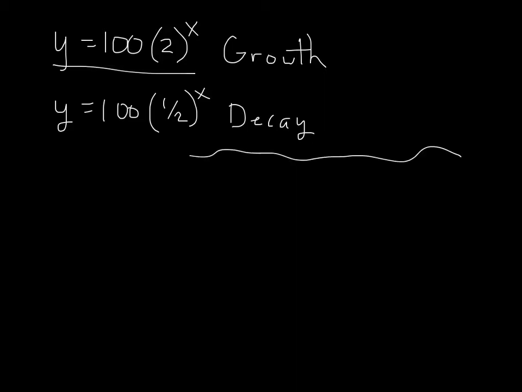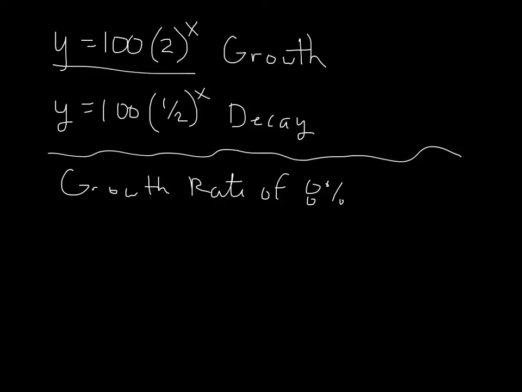So what if I had a function that has a growth rate, or a multiplier, of 8%? So something that grows at 8%, and we'll say it has an initial population of 200.